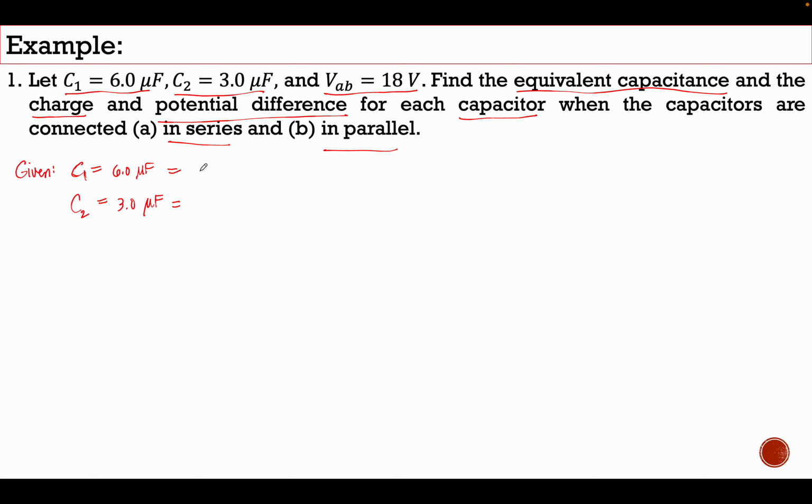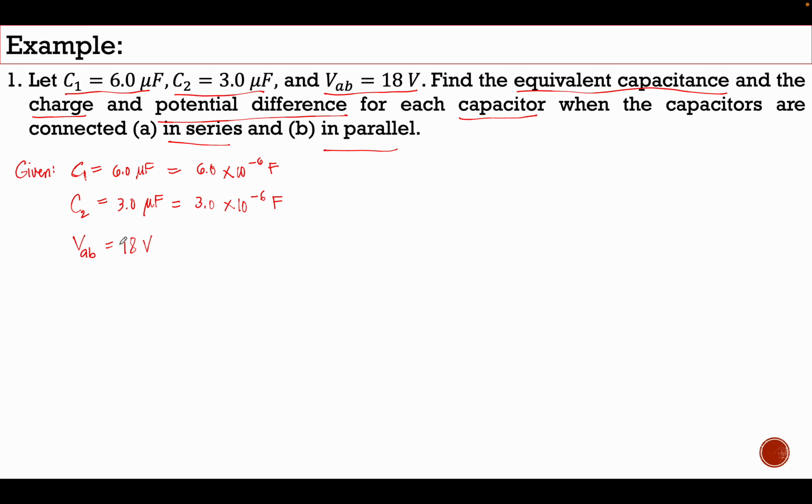So 6 microfarad is 6 times 10 to the power of negative 6 farad, and 3 microfarad is 3 times 10 to the power of negative 6 farad. And then we also have VAB, which is equal to 18 volts.